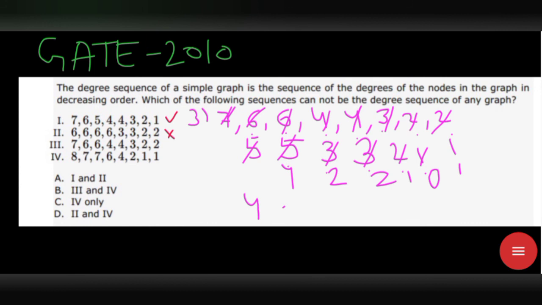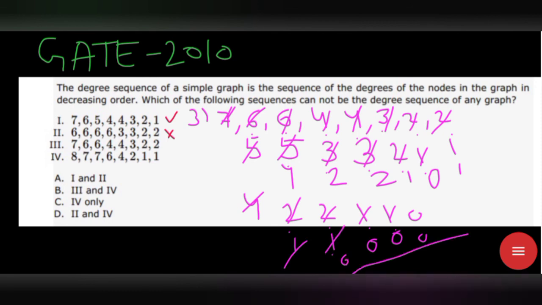So 4, 2, 2, 1, 1, 0. Okay, now I will cut 4 and look for 4 elements, 1, 2, 3 and 4, and decrease 1 from them: 1, 1, 0, 0, 0. Okay, I will cut 1, look for 1 element and decrease by 1. So they are all 0 now, so that means the third one is also valid.